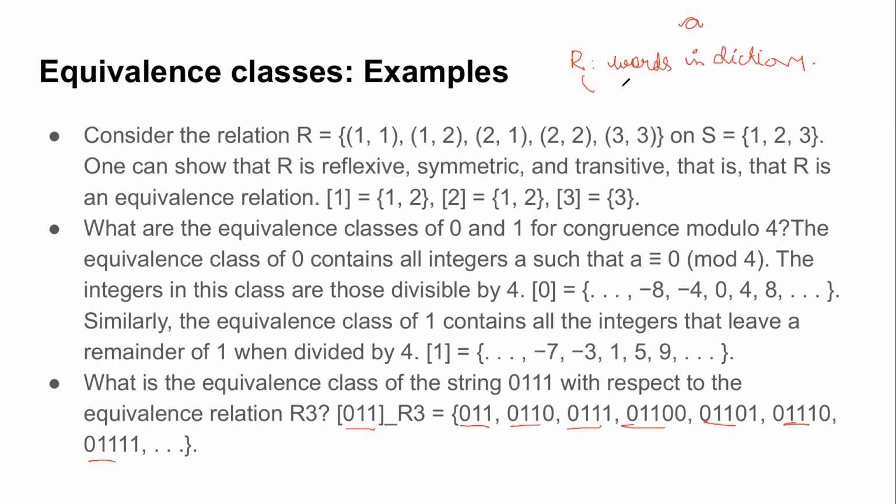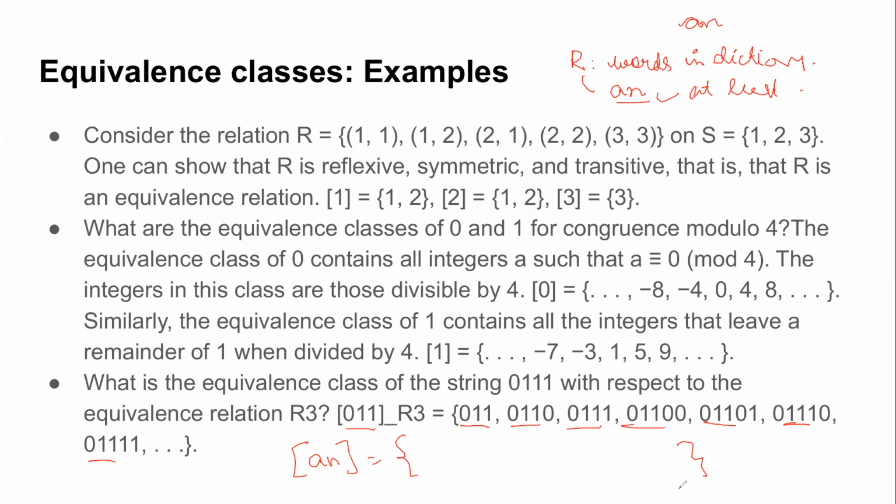The relation is that at least the first 2 letters of the words are the same. Now if I tell you to form the equivalence class of AN, what will be the possible elements?